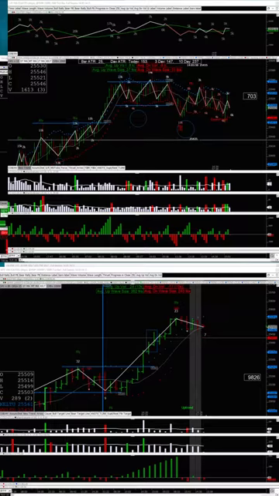So the turn is occurring as we speak, and this is the resistance area, and now it's coming back down. I don't know where it's gonna go or how deep the pullback is gonna be, but support in my view is all the way back down here.